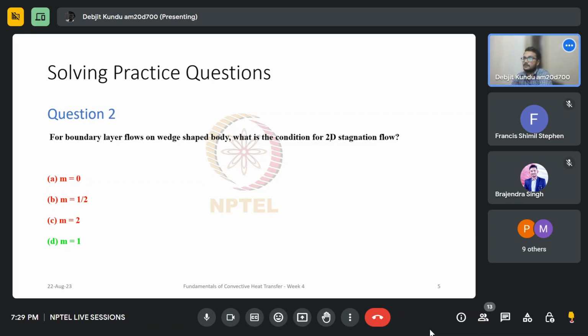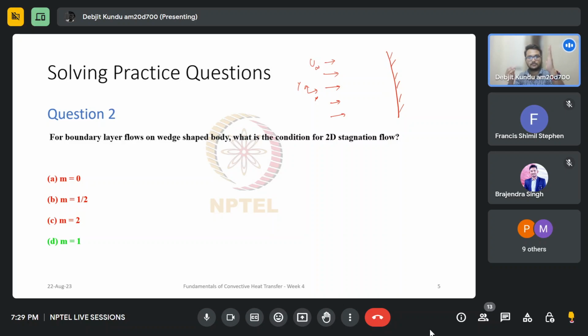So what a 2D stagnation flow is: let's say my free stream velocity is in the x direction, this is x, this is y, and I have a straight wall which is stopping the flow directly. You can see my video, right?